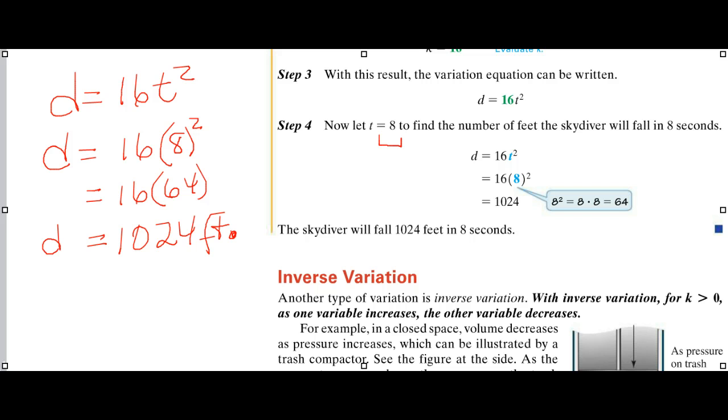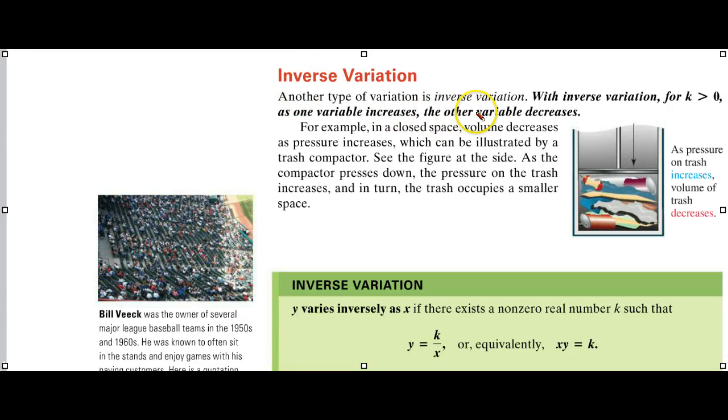All right, we're now going to go on to look at inverse variation. So once again, as you read the problem, and they say it's inverse variation or inverse proportion, the formula that should come to mind is y equals k over x, so that as one item gets bigger, the other item gets smaller.